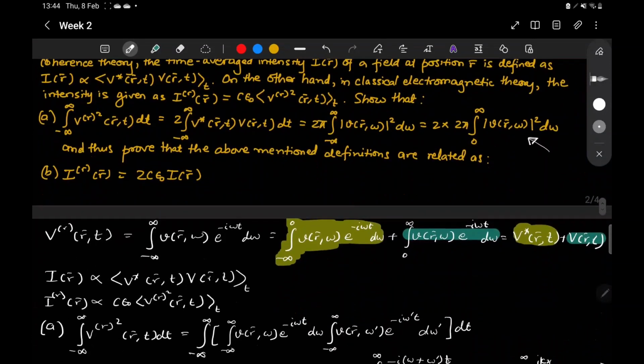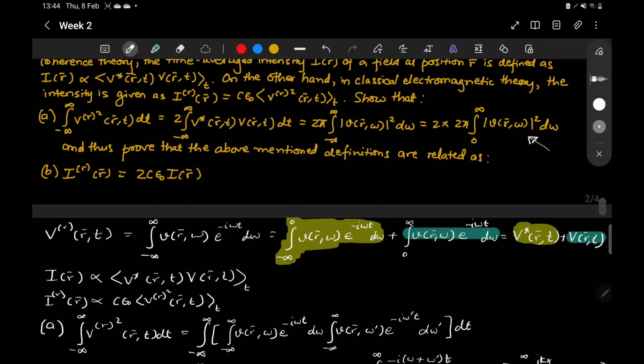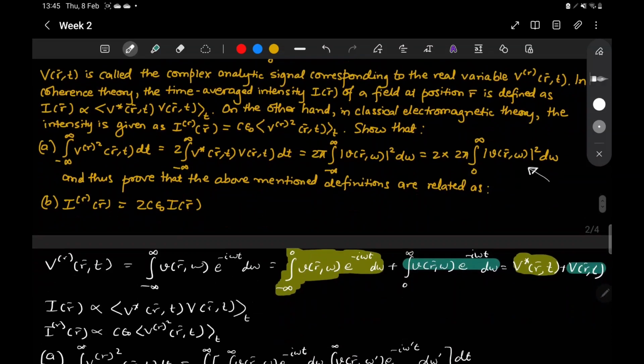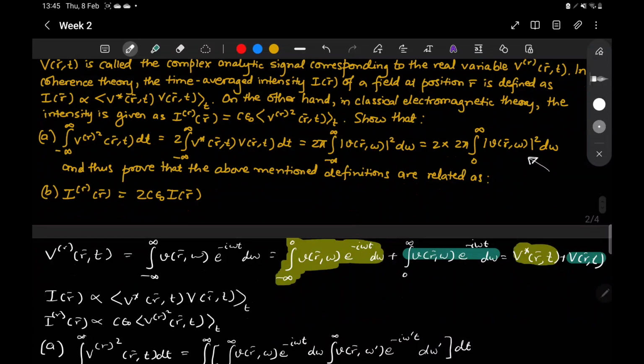So one of the parts that we have, so this part we have shown that this is the equation 1.